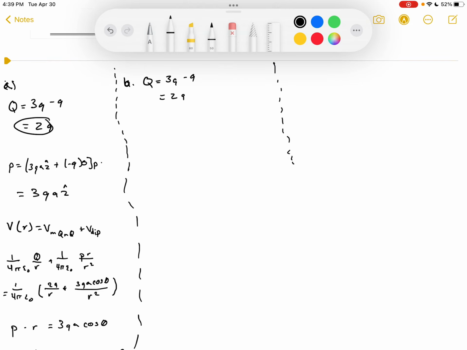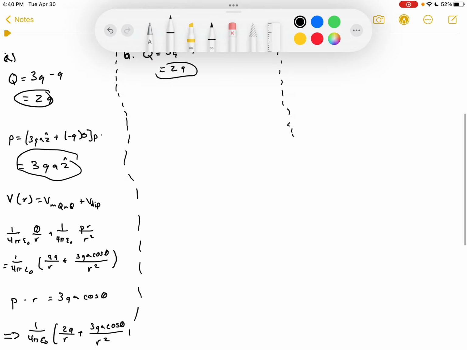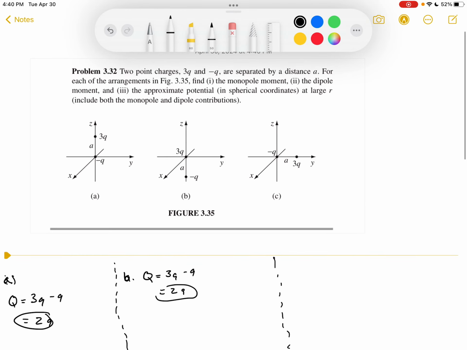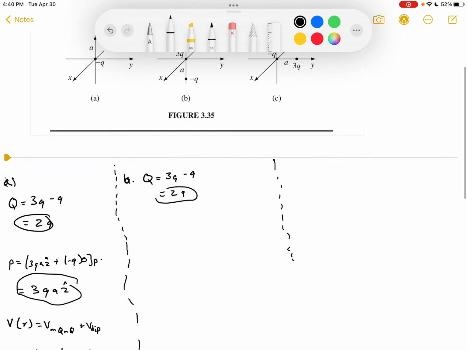For our dipole moment, it would be p equal to negative qa in the negative z hat direction, which is just qa z hat.